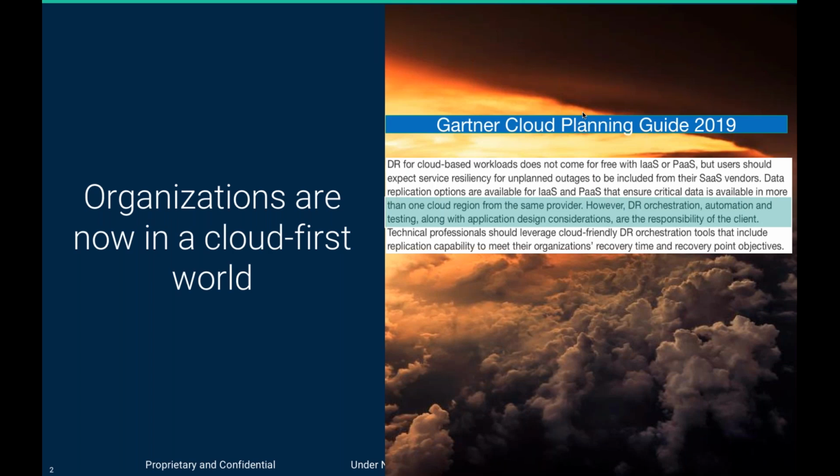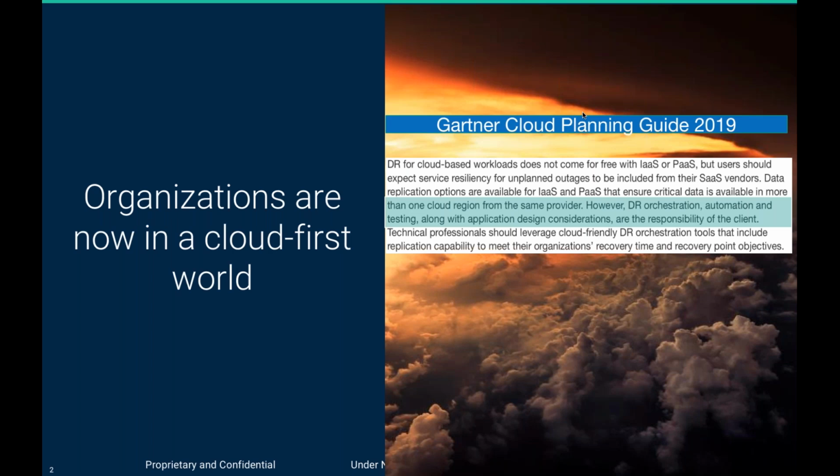So what Gartner is saying is that it is the responsibility of the application owner, not the cloud provider, to provide the application resiliency. So DR orchestration, as it stands even in the old days of just bringing up the virtual machine is not too complicated with respect to cloud providers.